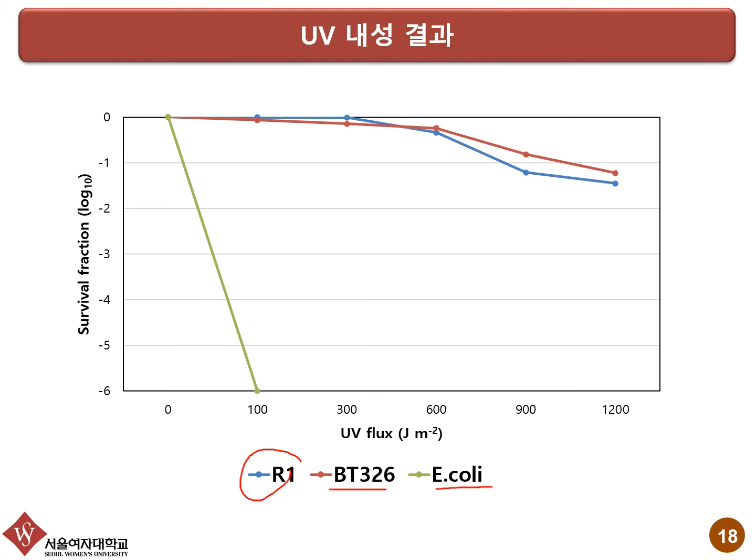The E. coli cell will die, or cannot survive, even with 100 joules of UV flux, but the Deinococcus and the Hymenobacter can survive even very high levels of UV radiation. You can see the log10 value, the survival rate is around 10% even after 1200 joules per meter squared of UV radiation flux.